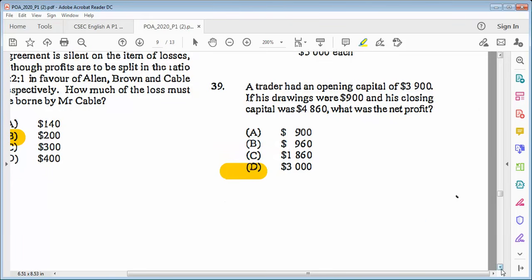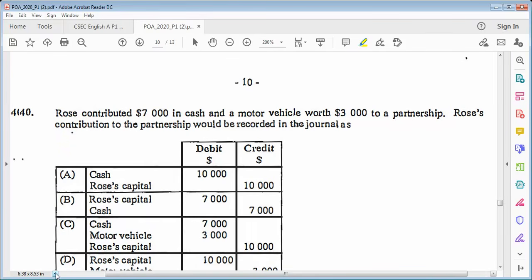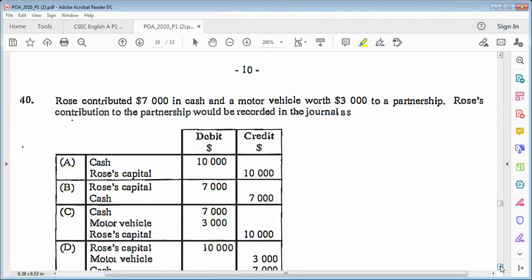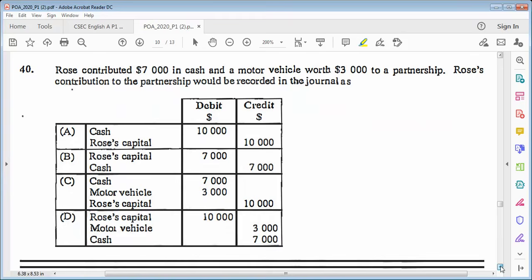Let's move on to number 40. It says, Rose contributed $7,000 in cash and a motor vehicle worth $3,000 to a partnership. Rose's contribution to the partnership would be recorded in the journal as we have our debit and credit column.